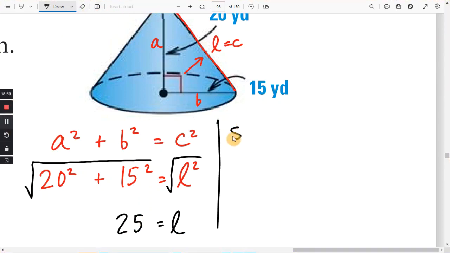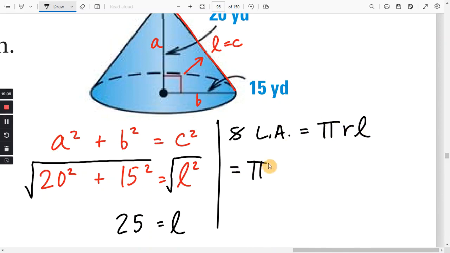Lateral area, we said that was pi RL. So that's going to be pi. And this right here is the radius R, that's 15. And L is the slant height we just found, that's 25. So 25 times 15 is just 375.